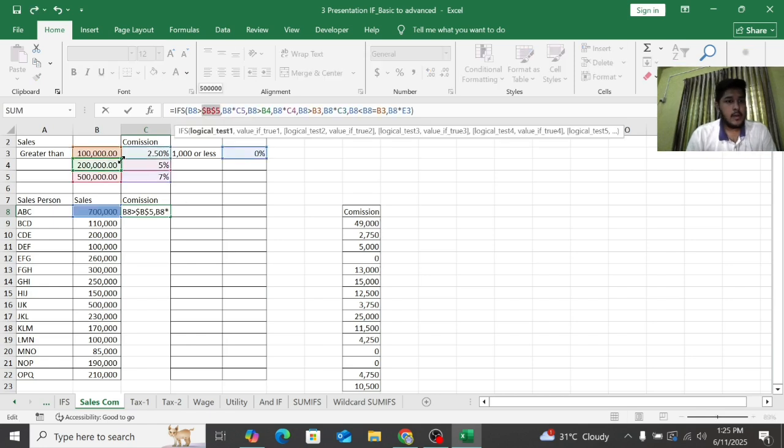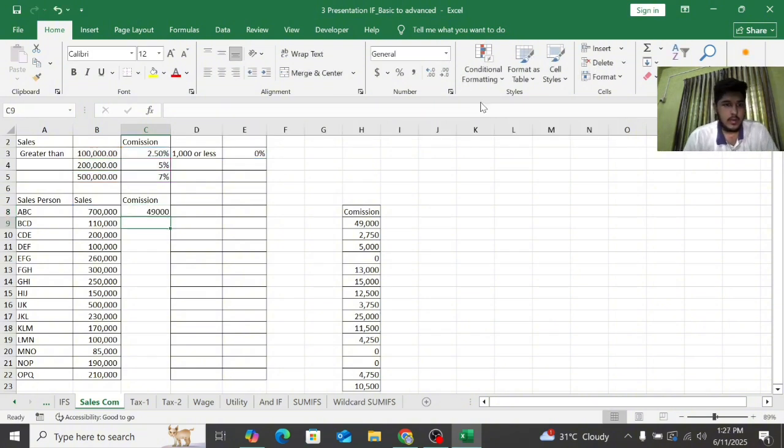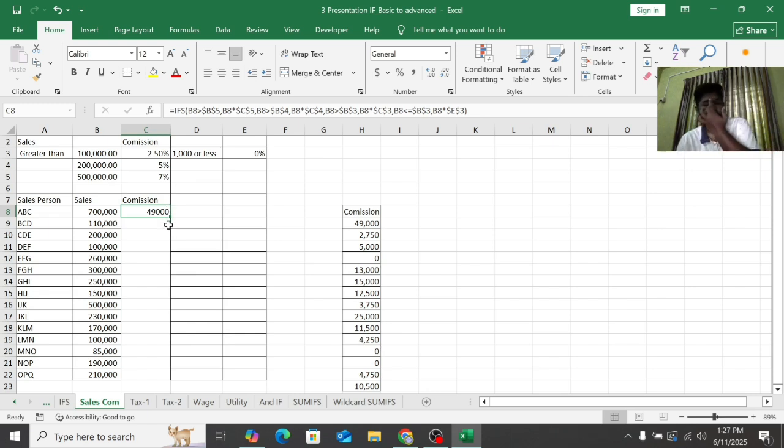So we fix this amount in the calculation, this one fixed, this one fixed. Enter, 49,000. Now, as we have fixed the sum of our condition, we're going to drag this one.